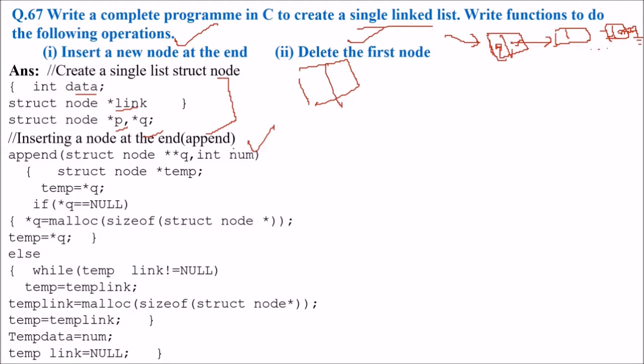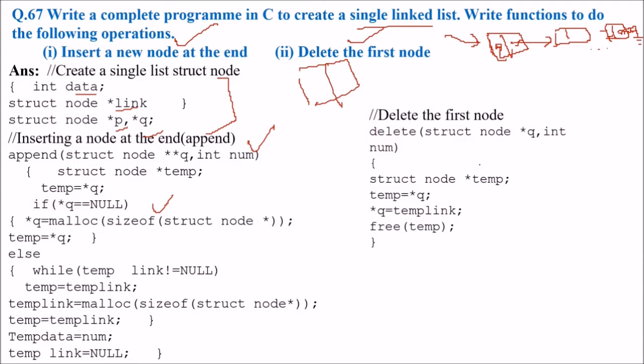We can append a value by doing this, and we can delete the first node. So let me tell you how it is done. If you understand the concept, you'll be able to understand this code. If I want to add a new node, I can add it at the first position or at any other position.